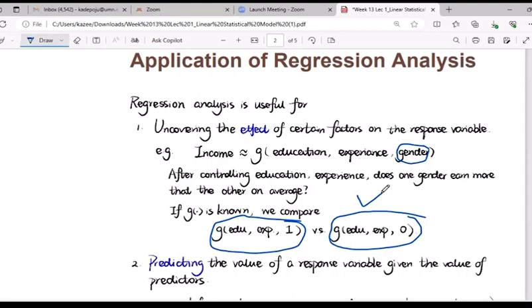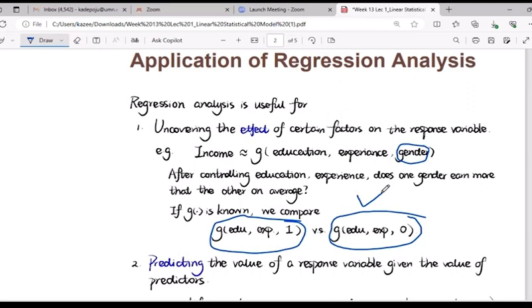Whenever you use that, what we are comparing is the average salaries of male and female, having adjusted for and controlled years of education and experience. This is going to be better compared to just comparing average male and female salary without taking into consideration other factors that could potentially influence the relationship.